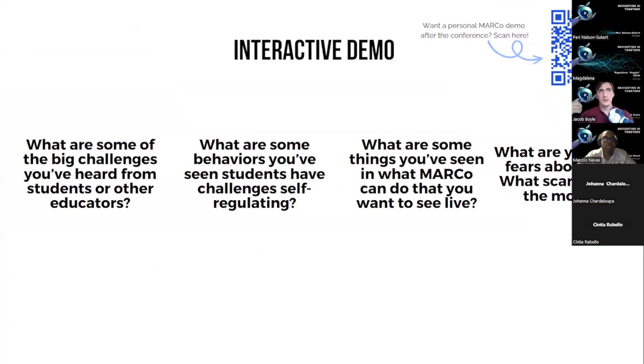Or what are some skills in their social emotional development that maybe you wish they had better experience with, or better capability? And we can go over some of the things that Marco can help in the classroom with those things. Negative talk was one of the things that was said in the chat. That's a great one.